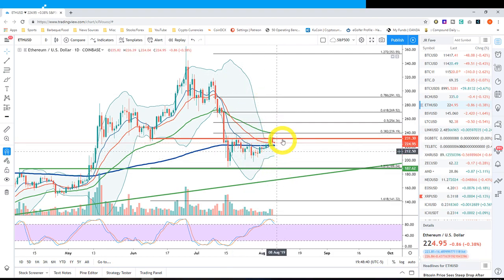That is getting super, super tight. Right there. And it's below the 50-day moving average, and that's been resistance 2 times, as well as the 38.2. So I would say above 238 bullish, below the 200-day moving average bearish.